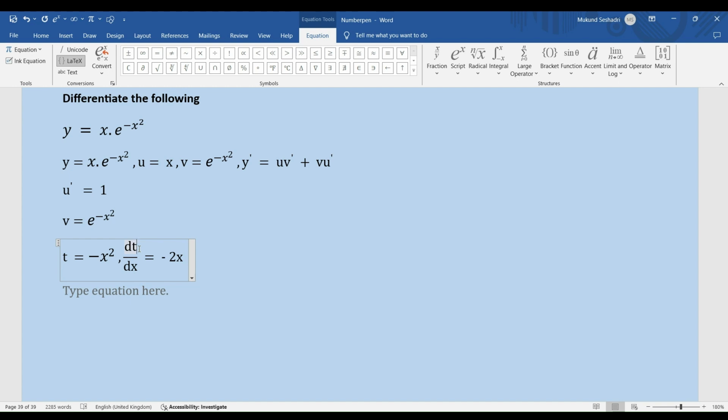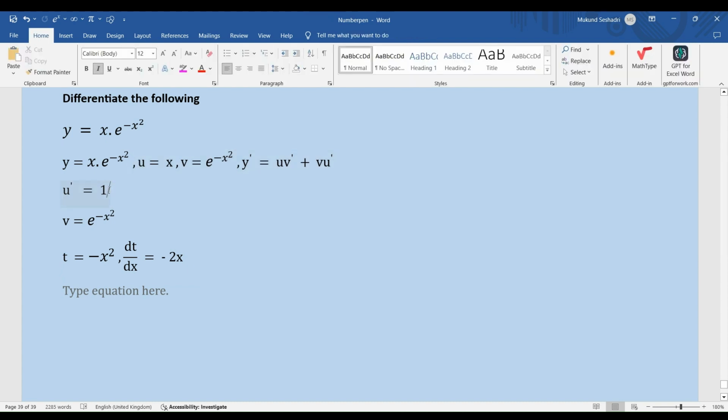Nothing changes except that I've substituted t equals minus x square, and therefore my dt by dx equals minus 2x. And I hope you got why I made that change from u to t, right? Because I'm already using u in my previous step. So in order to avoid confusion, I just replaced minus x square with a t, right?